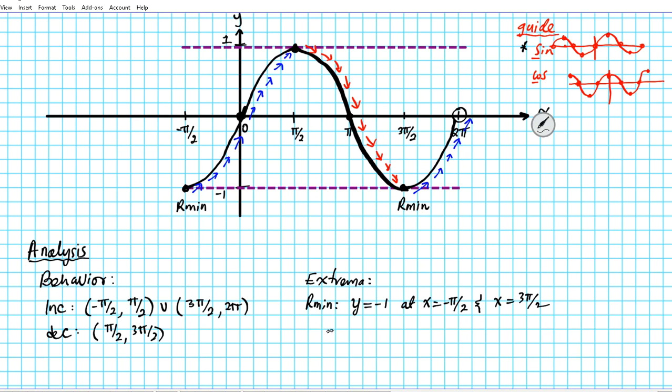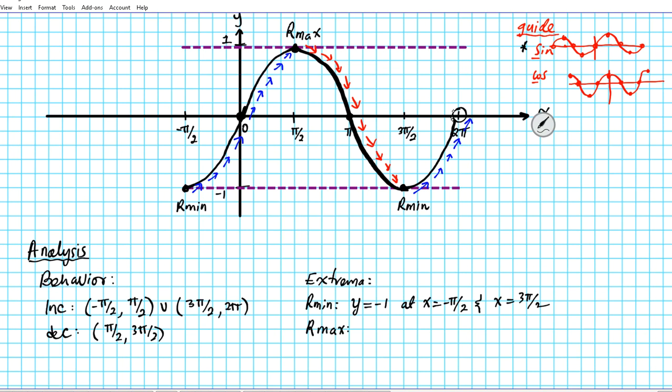Now, how about our relative maximum? Our relative maxima are endpoints that you ascend to, descend from, or your peaks in your interior. If you take a look at this point right here, this is a peak, so it qualifies as a relative maximum. You're ascending to this point.